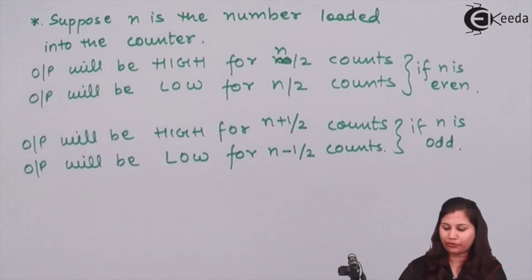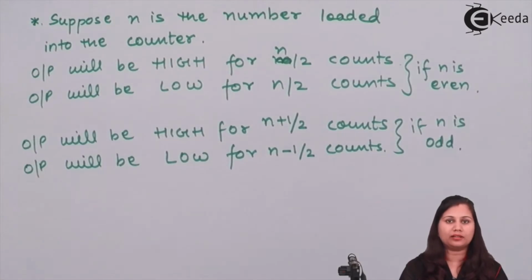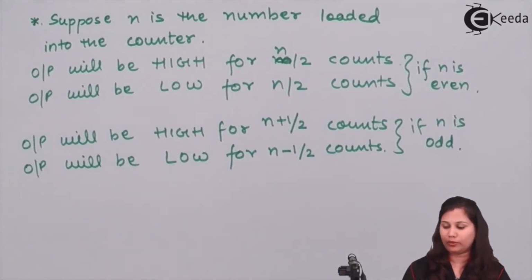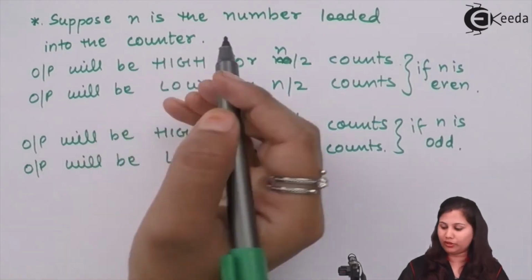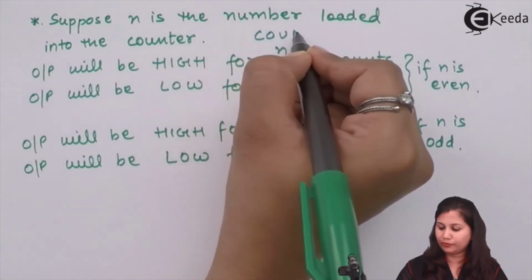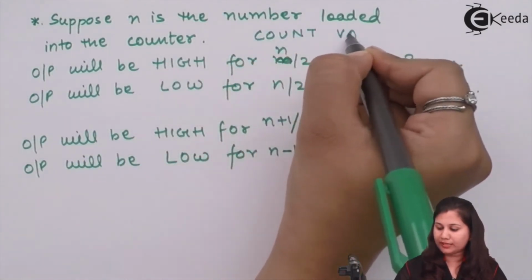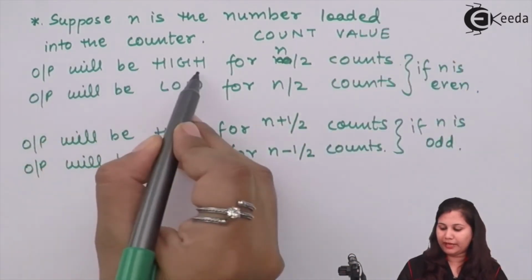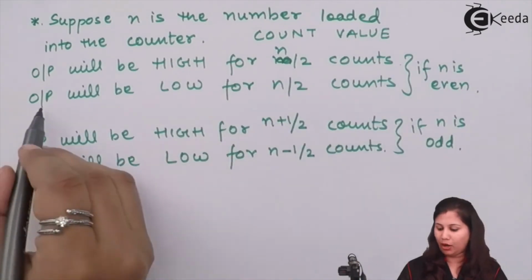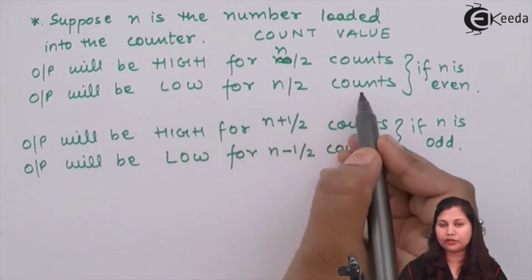In this mode 3, the number of times the output is high and low is decided by the value of the count. If n is the number which is loaded in the counter, or the count value, then if this count value is even, the output will be high for n by 2 counts, and low for n by 2 counts.